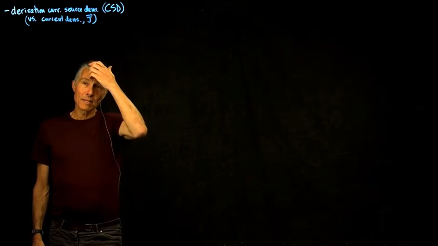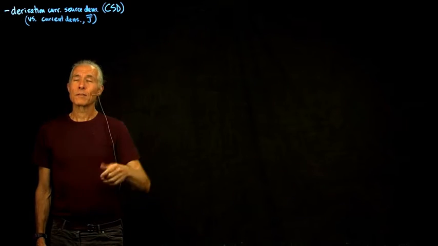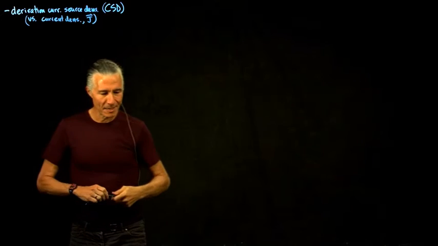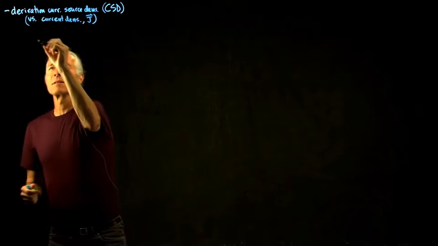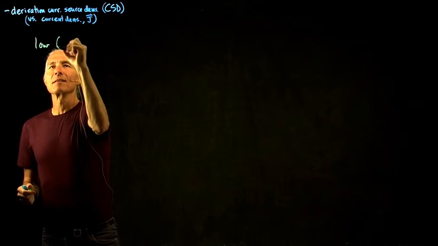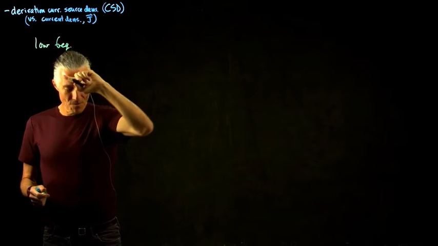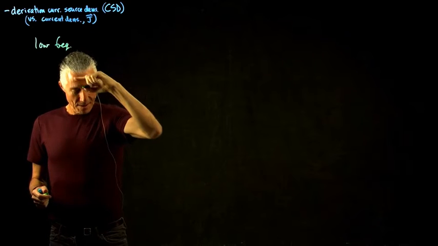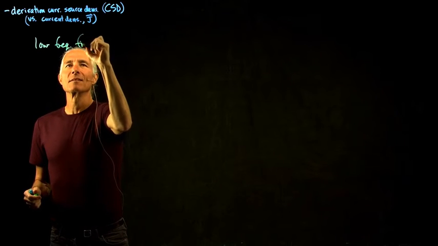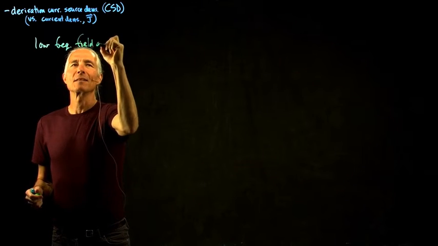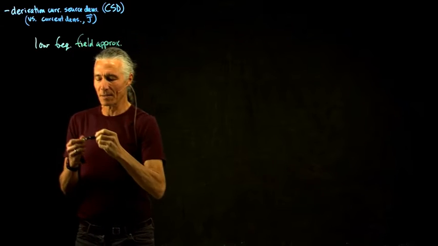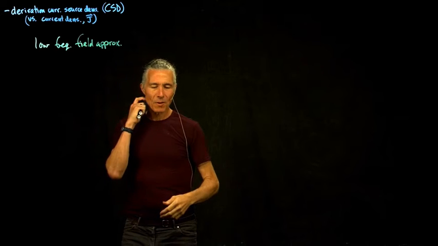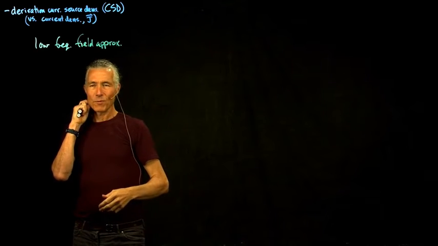Okay, so the first thing, before we derive the current source density, is that what we're doing here is called the low frequency field approximation. We've talked during the semester about RF, or radio frequency.